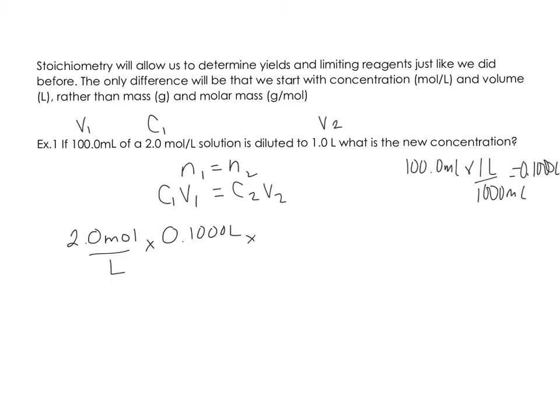And then we diluted it to 1 liter. So these liters cancel, but we need liters again, so we divide by the second volume. So our new concentration is 2 times 0.1 divided by 1. So 0.2 moles per liter.